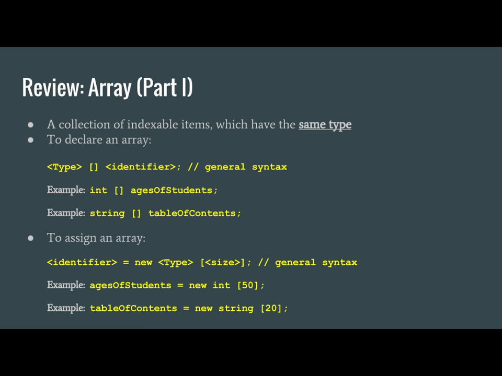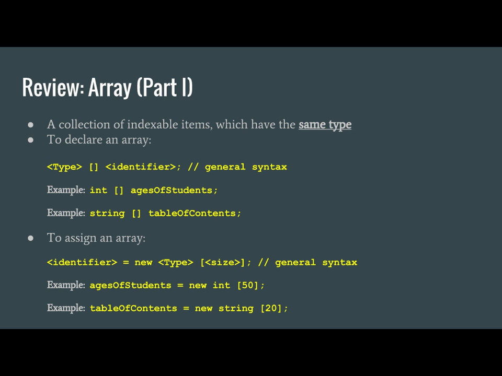However, declaring an array doesn't necessarily give us an array. We need to assign it before we can use, access, or read anything from the array. To assign an array, we need to use the keyword new, specify the type of the array, give the size, and put the size in a pair of square brackets.